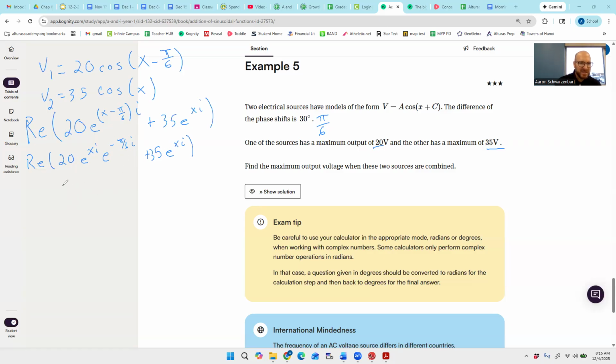Now I'll factor out the e to the xi. Oops, this is 20. That's the real part. Now I'm going to go to my calculator and add those.